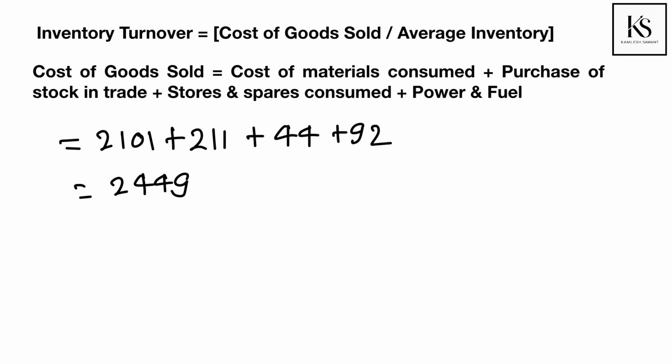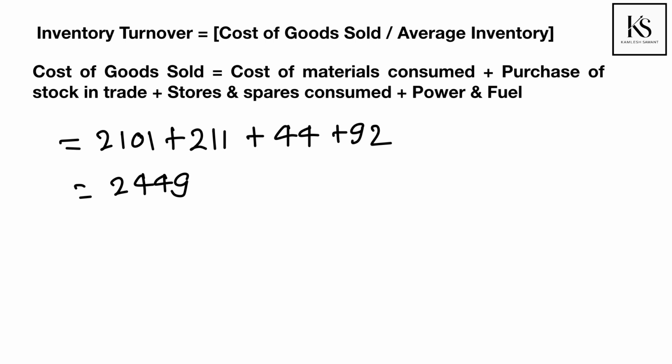For the denominator, we just take the average inventory for the FY13 and FY14. From the balance sheet, inventory for the FY13 is 292 crores and for the FY14 is 335 crores. The average works out to be 313 crores.